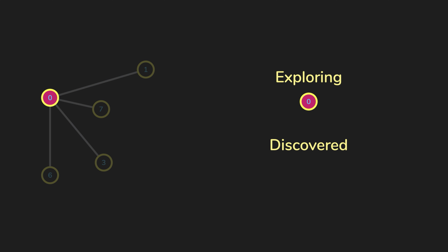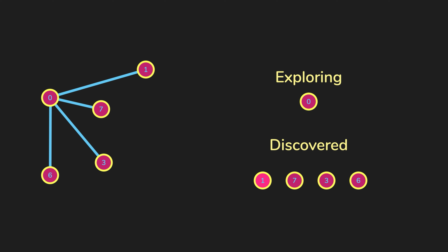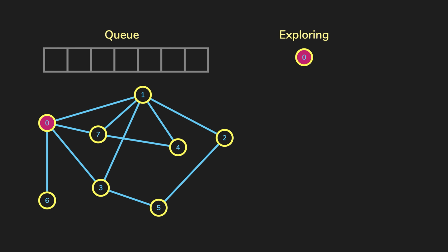We will keep exploring vertices and discovering its adjacent vertices. So for example here, the vertex we are exploring is 0, and we just discovered 1, 7, 3, and 6. The key to BFS is to use a queue to store vertices that have been discovered. The vertices stored in the queue will later on be explored to further discover other adjacent vertices.